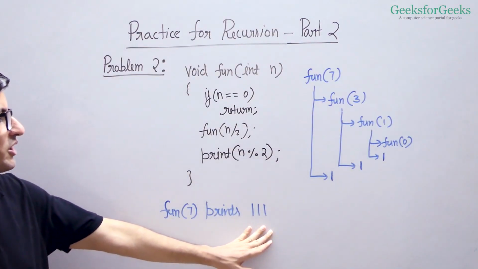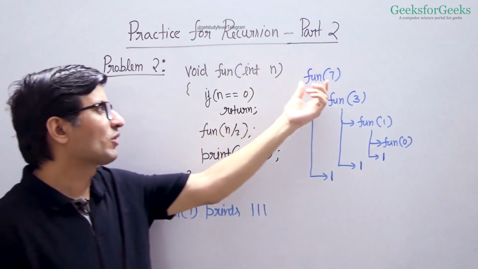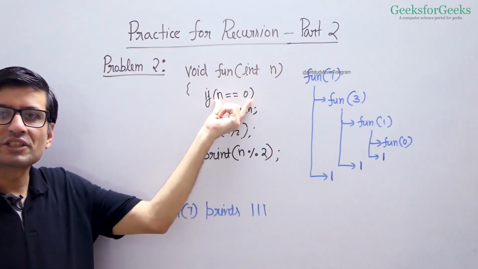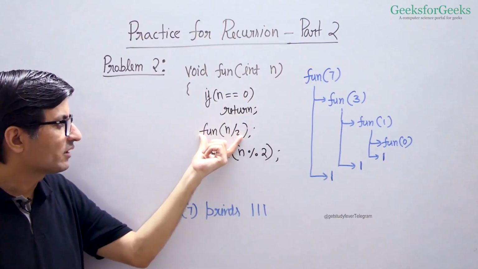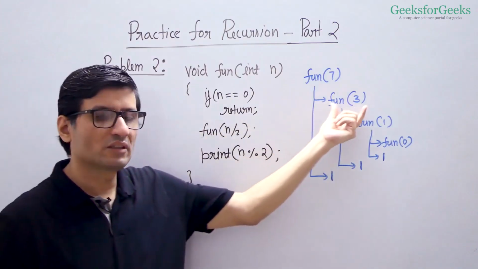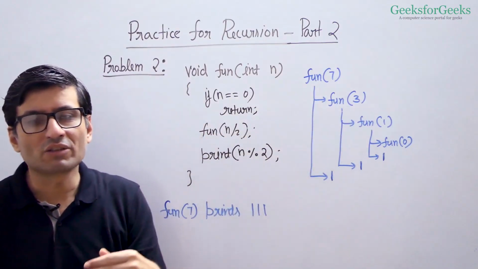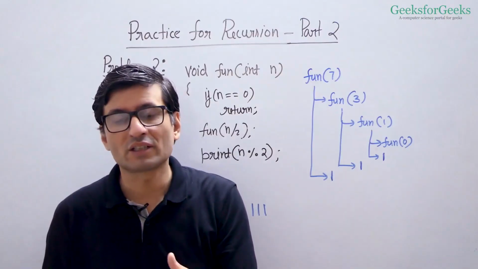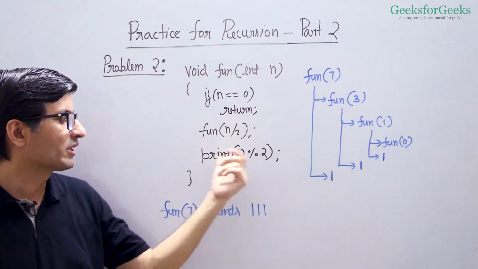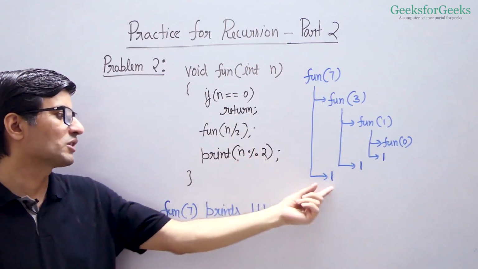And how does this function execute? When you call for fun 7, it does not go into this if condition. So it comes here, and it calls for 7 by 2, which is 3. And now fun 7 waits for fun 3 to finish, and once fun 3 finishes, it's going to execute this line where it prints remainder with 2, which is 1.